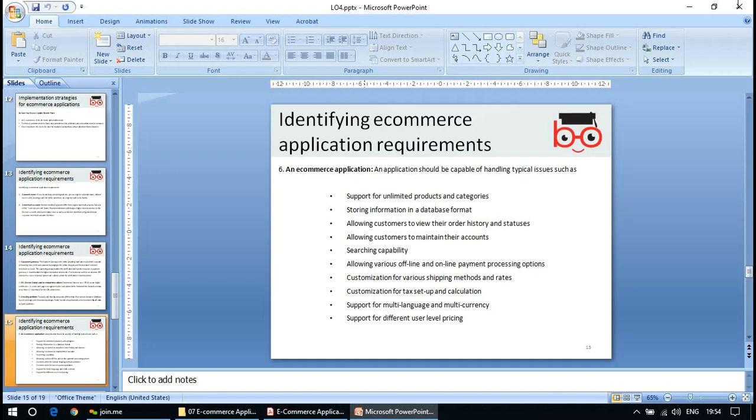Now, the sixth one is that the e-com application should be capable of handling typical issues such as, now, the requirement of support for unlimited products and categories. Literally, that's a requirement that it shouldn't be the case that your website can only list, for example, 10 items, maybe because you have got a free template.